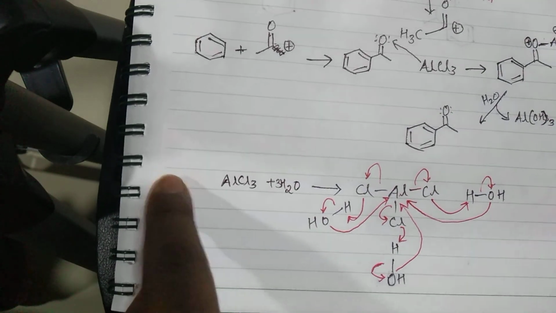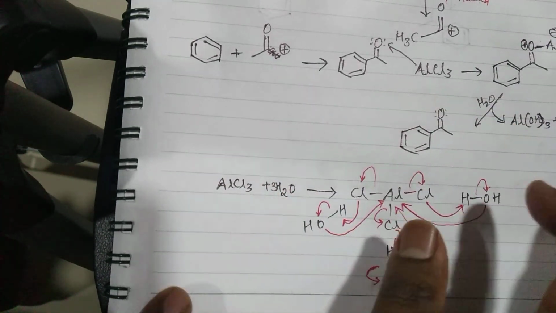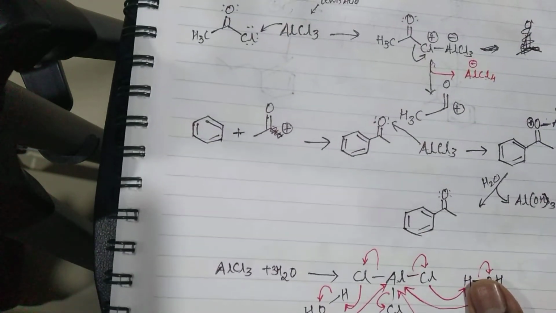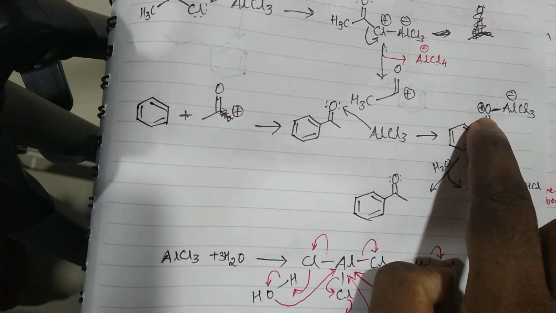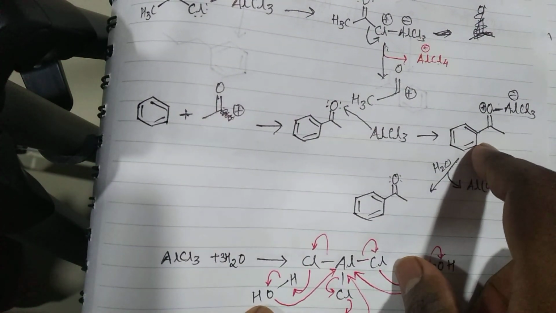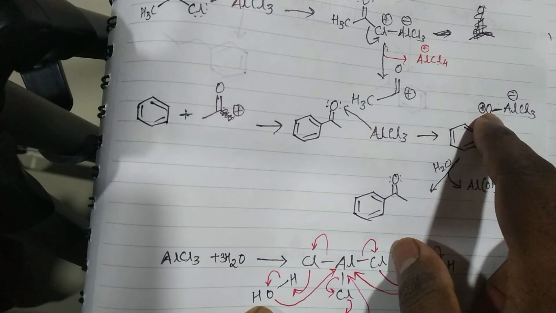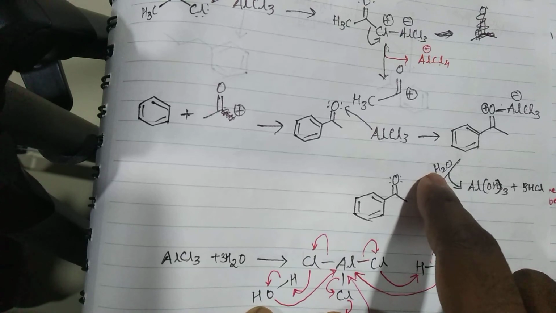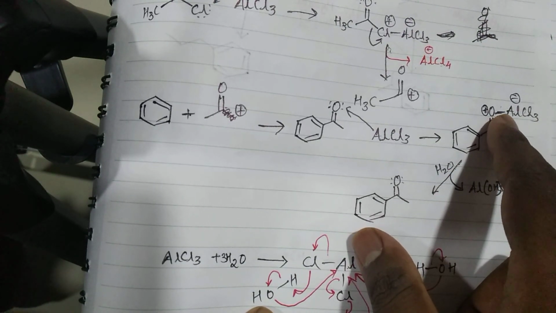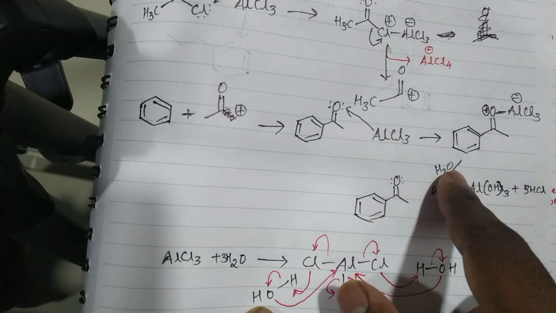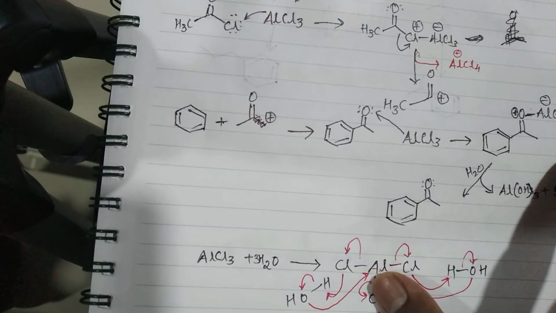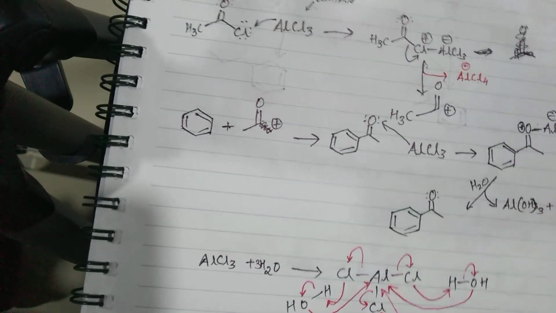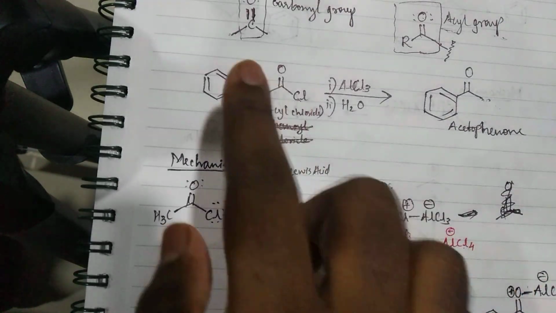I hope you've understood why H2O is absolutely necessary in this reaction: aluminium forms a complex with the newly formed compound, where aluminium attaches itself to the oxygen of the carbonyl. With the addition of water, aluminium will get rid of almost everything just to form aluminium hydroxide. So this is the general reaction.